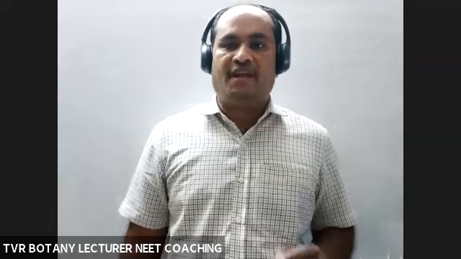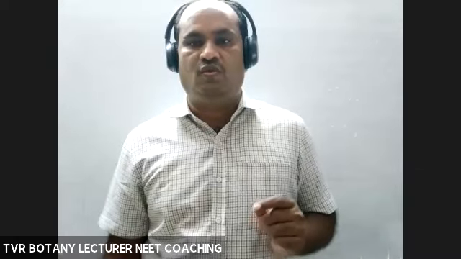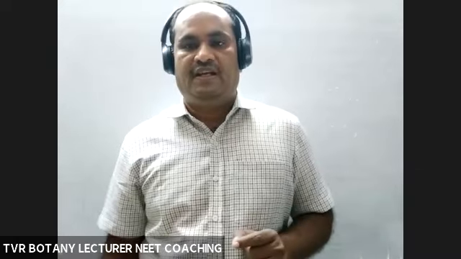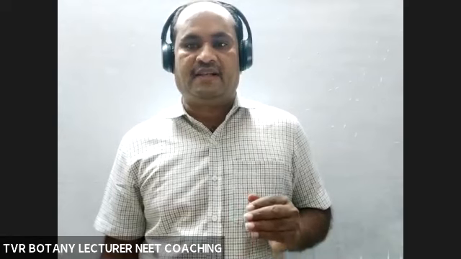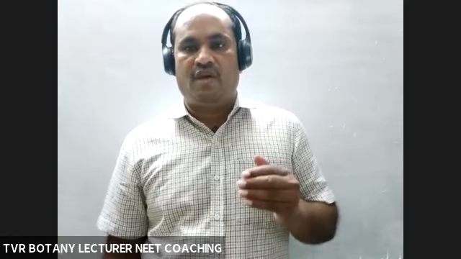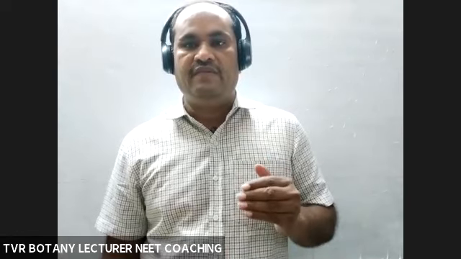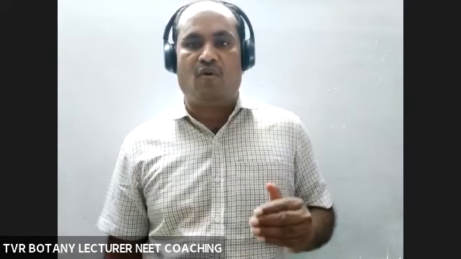According to Mendel, the phenotypic ratio in a monohybrid cross is 3:1, that is 3 dominant out of 4 and 1 recessive out of 4. So here we are going to see how deviations are possible from Mendel's monohybrid cross.